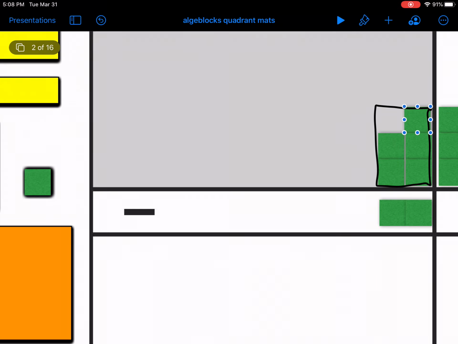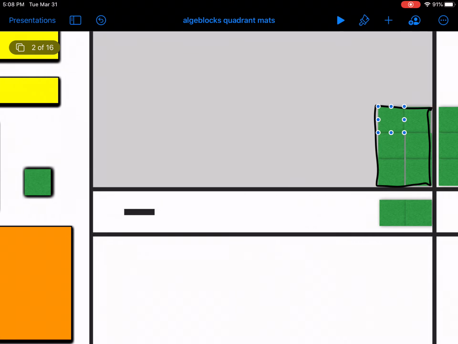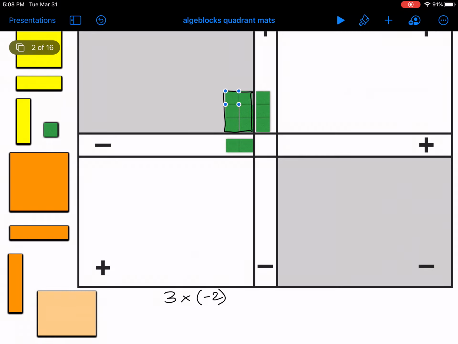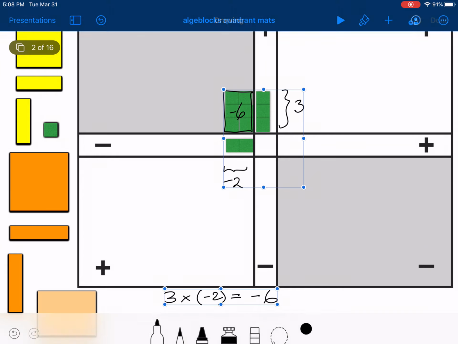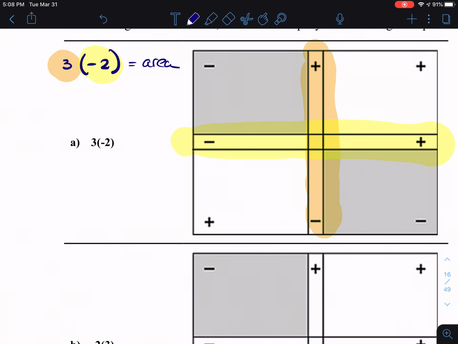So the units that we're going to be using here are still our squares, and once we're looking at the actual product, we have the +3 times the -2, and the area is 6 in the negative. So the product of 3 and -2 is -6. So let's go back to our picture and draw a representation of this.